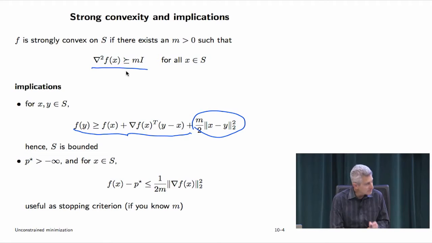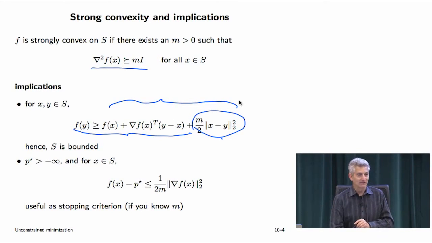If you add the assumption of minimum curvature, then you can actually tighten it. You can say plus m over 2 times the norm of x minus y squared. And that's really cool, because before, this used to be an affine lower bound. You now have a quadratic lower bound, not just quadratic, but one with curvature m.